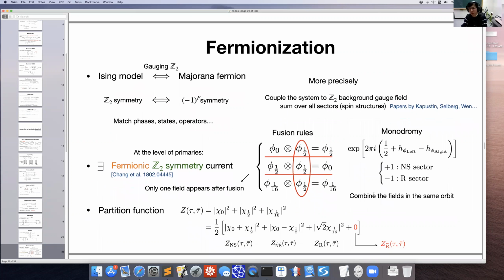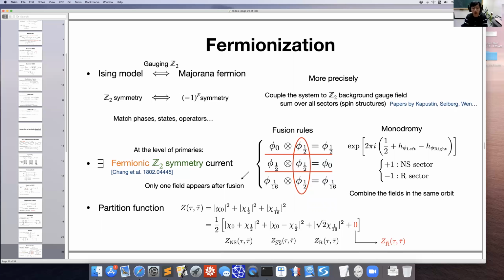This may sound very complicated, but what I want to say is that this is the modular invariant partition function for the Ising model. Here I'm just rewriting the expression in the following form. I combine these two fields because they appear in the same orbit, and this one is invariant under the fusion, so there's only one field here.